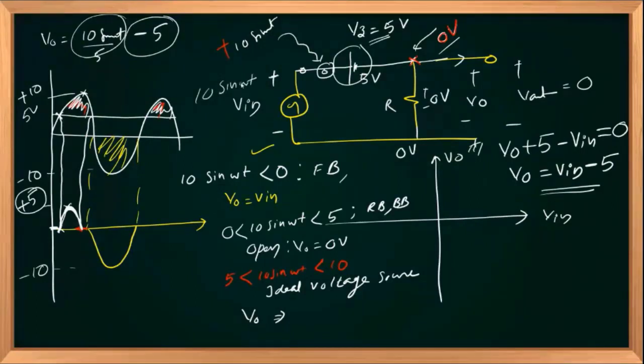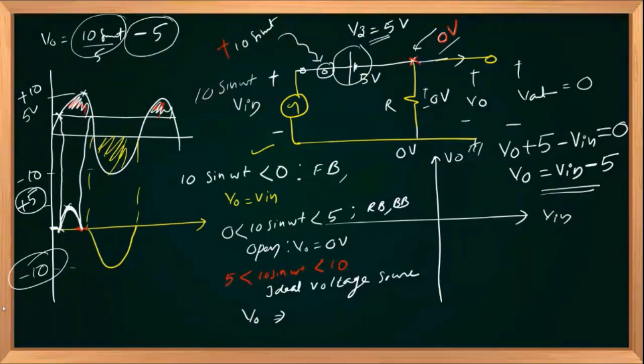Right? So in the given circuit, they will ask you to identify the maximum and minimum value of the output voltage. It is clear that V out equal to V in when the diode is forward biased. For that, V in should be negative. V out equal to V in implies the negative peak of the input will be the negative peak of the output, that is nothing but minus 10. And the positive peak occurs when the input is at positive maximum.